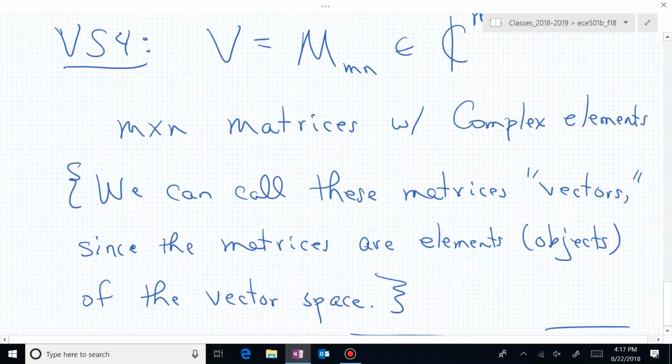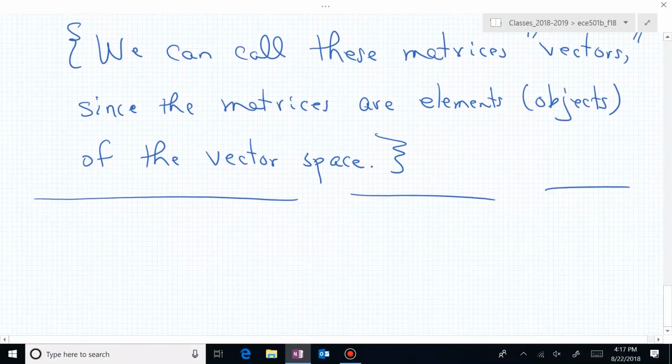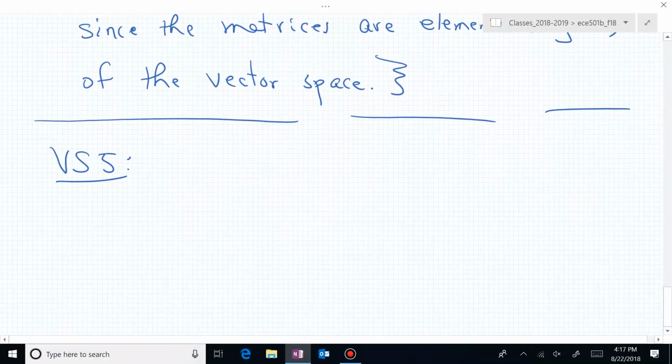That was example 4 of a vector space, matrices, where each matrix is a vector. Vector space 5 example, the vector space now is C raised to the infinity.